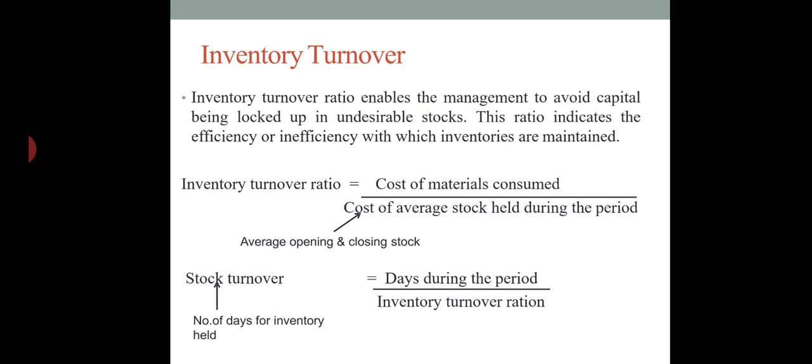If you want to calculate the number of days, the formula is days during the year divided by inventory turnover ratio. It may be in months, so you take 12, or if you want to calculate days, you put 365 days in a year.